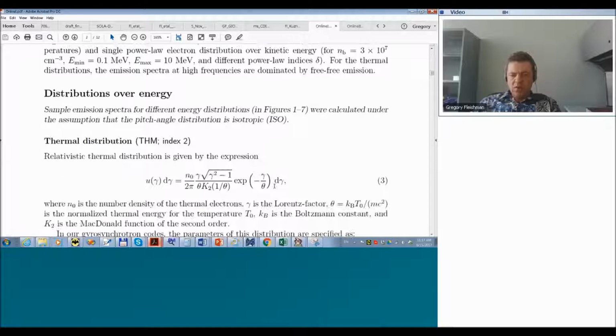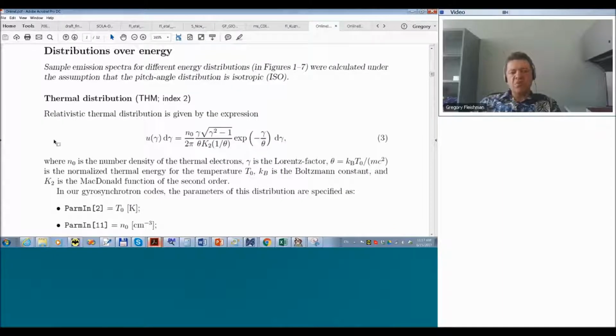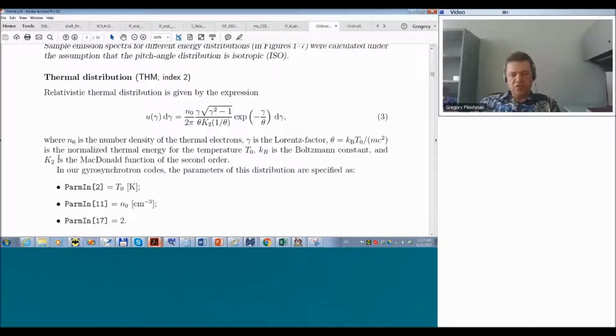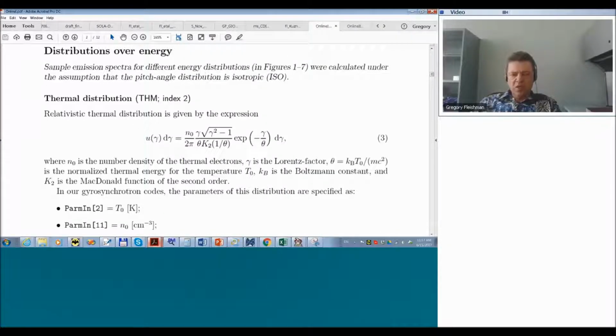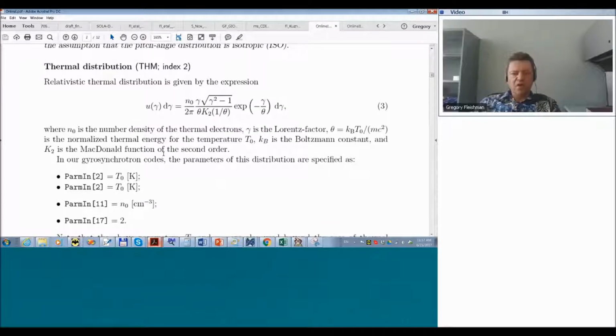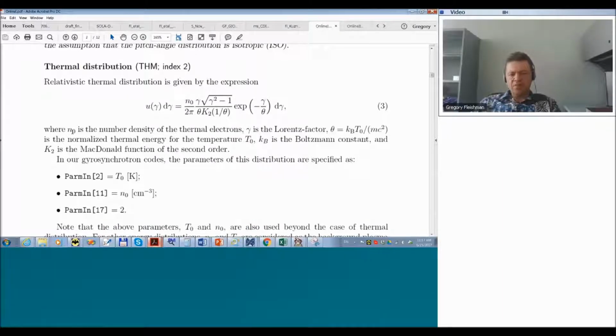And all the distributions which need to be implemented are described here, I believe in detail sufficient for you to code the corresponding distribution. For example, this is the case of thermal distribution, and I hope that all relevant parameters are defined in the text.